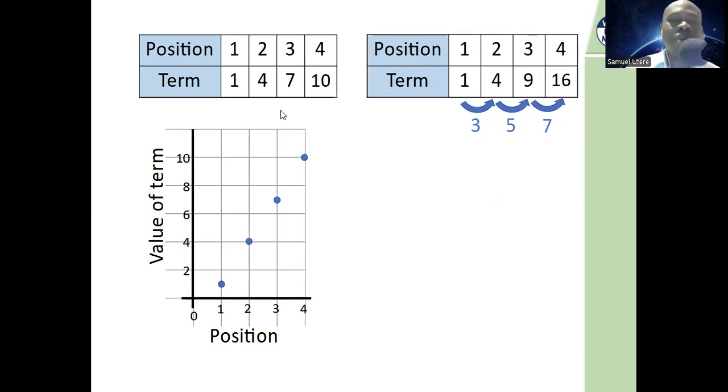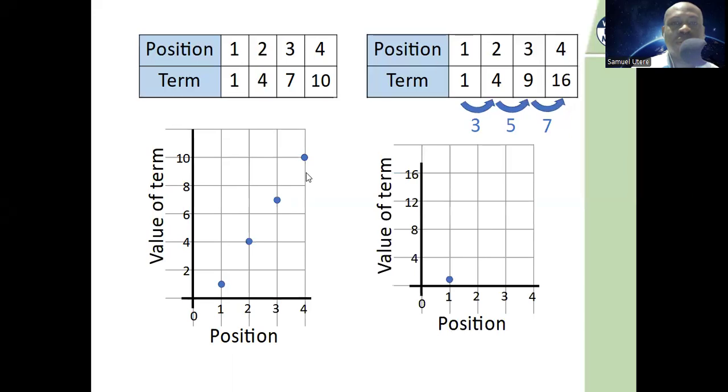And then we also were able to put it in a graphical form, and the graphical form was quite easy to spot because after you've plotted the value of the term against the position, you would see that all the points were lined up and you could just join them with a straight line.